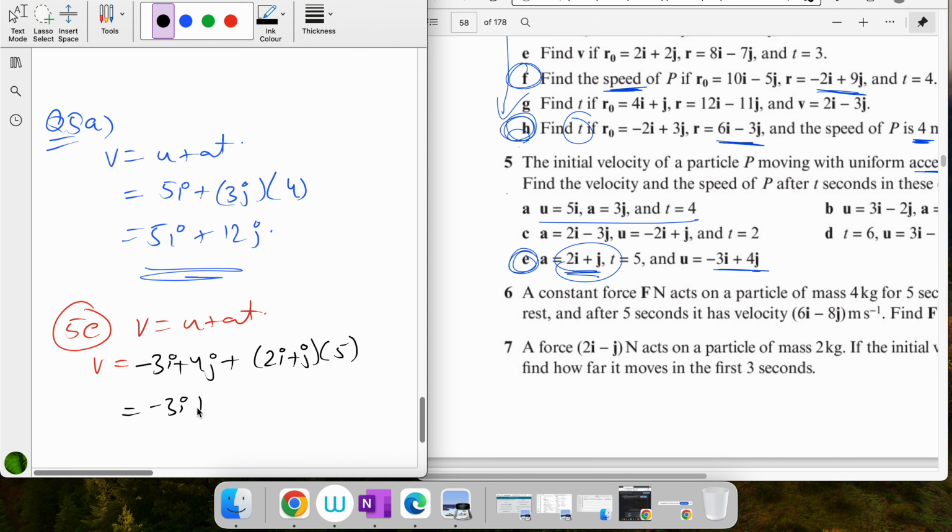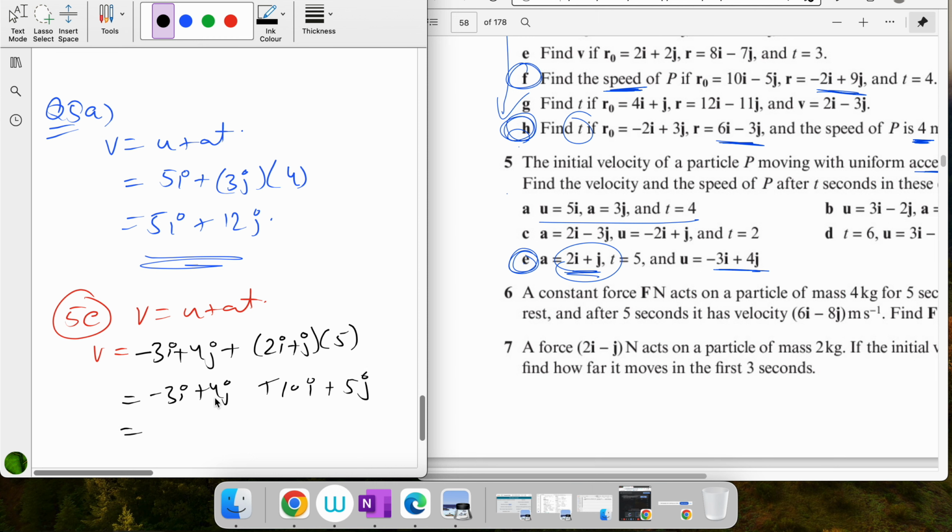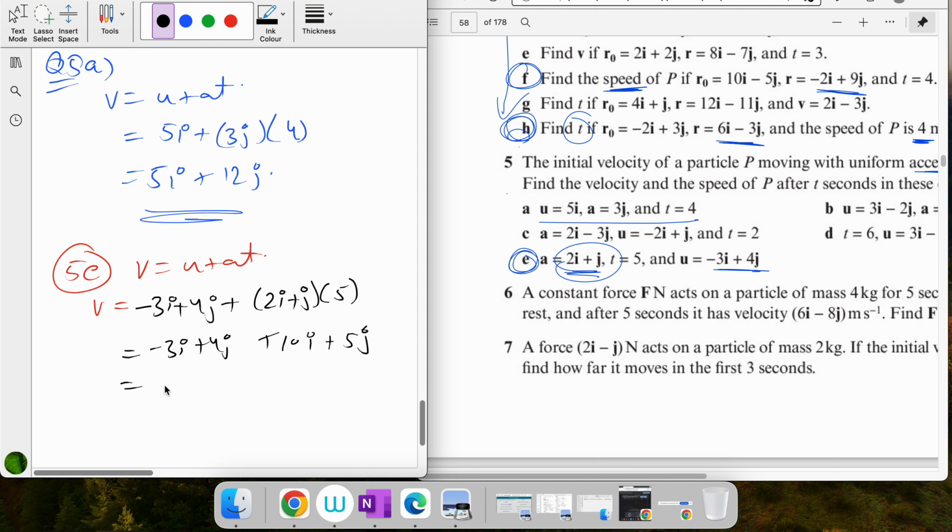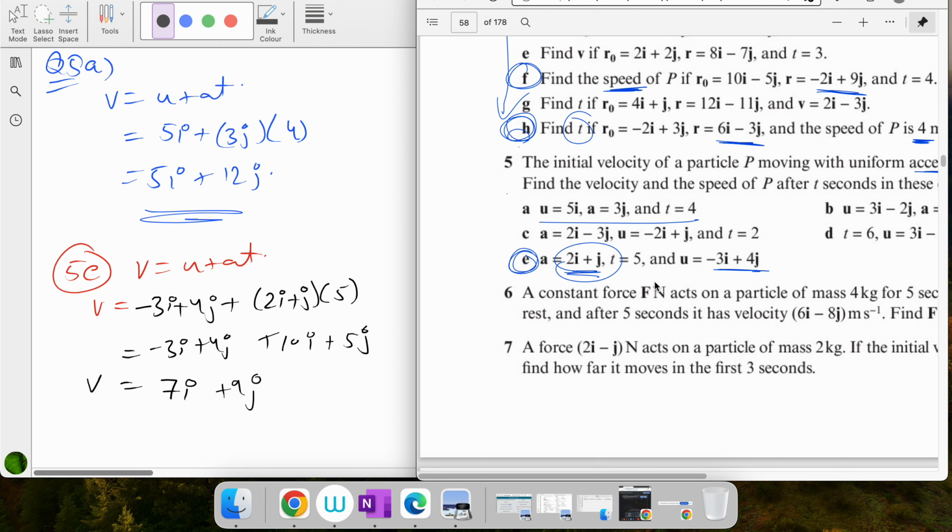So minus 3i plus 4j plus 5 times 2i plus j, which is 10i plus 5j. So when you simplify, minus 3 and 10, you get 7i, 4 and 5, you get 9j. That is your final velocity.